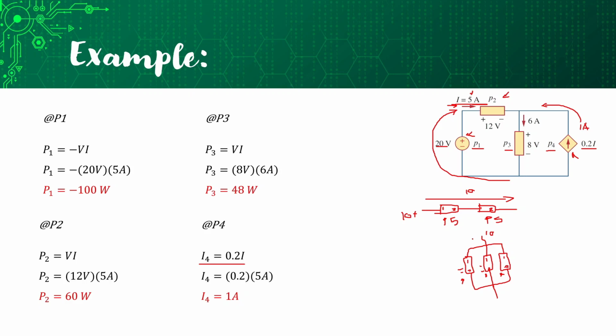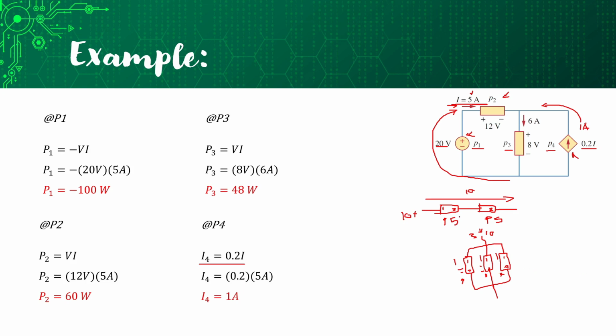For example, if we have 3 amps flowing into this node, and assuming that these elements have the same values, then each element has 1 amp here, 1 amp here, and 1 amp here. So the current is divided.